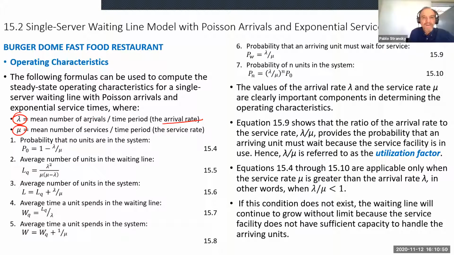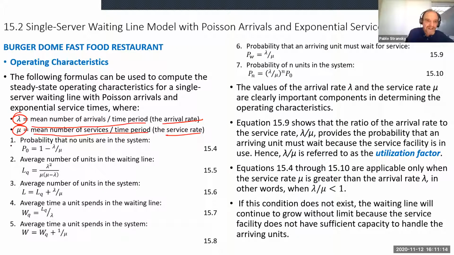We use it for mu and mainly for service rate. This is the service rate, the mu, okay? How do we calculate it? We take the mean number of arrivals by a time period, and the mu was the number of services for a time period, okay?